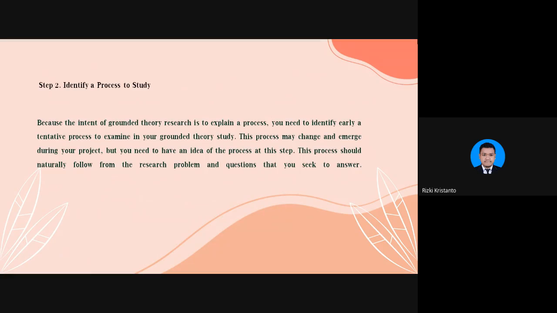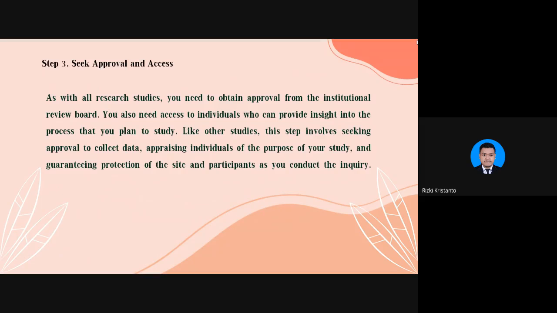Next, in step number 3, we have seek approval and access. As with all research studies, you need to obtain approval from the institutional review board. You also need access to individuals who can provide insight into the process that you plan to study.